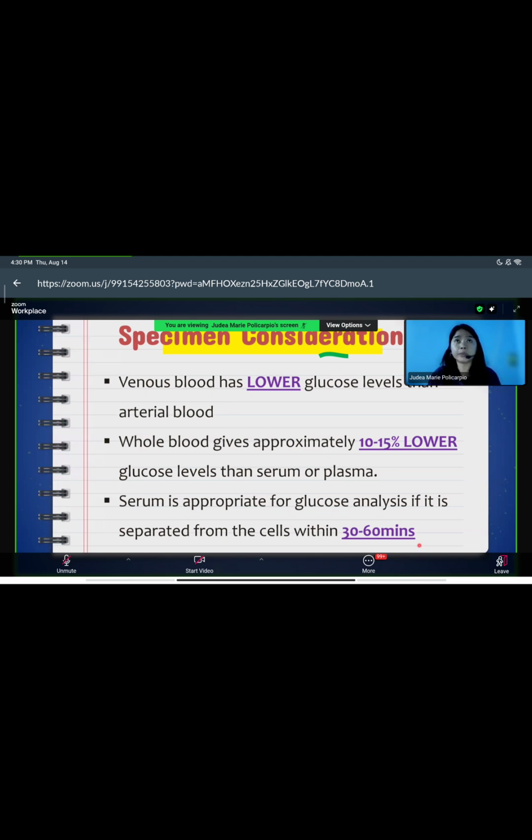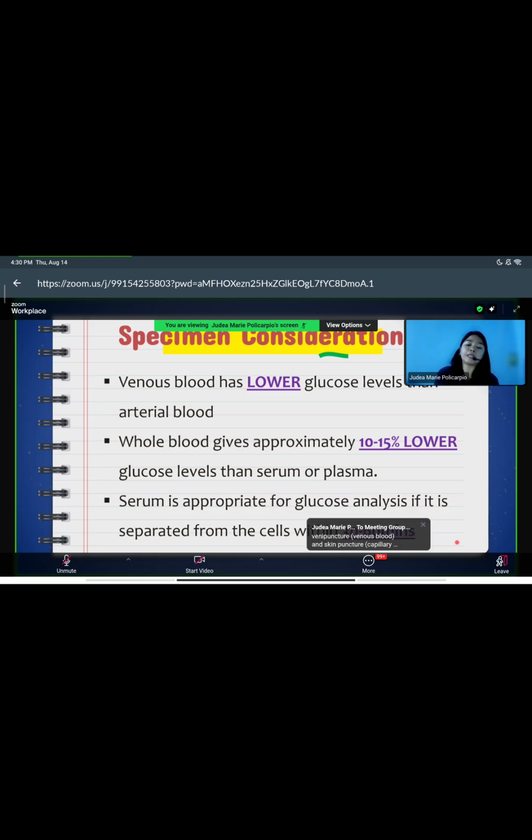Well, simple lang. It's easier to collect eh. It's easier to collect the venous blood than the arterial blood. At saka ang mga medtechs, what we are allowed to do is only the venipuncture and the skin puncture. Theoretically ha, ang allowed lang tayo ay mag-perform ng venipuncture. Pag venipuncture kasi ang makukuha mo dyan ay venous blood.